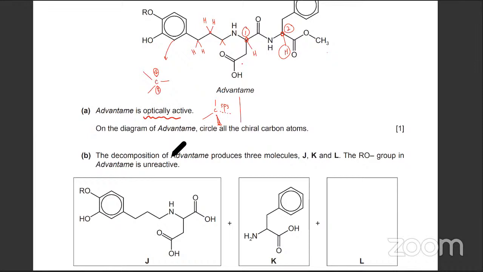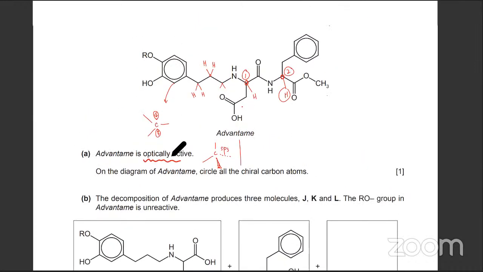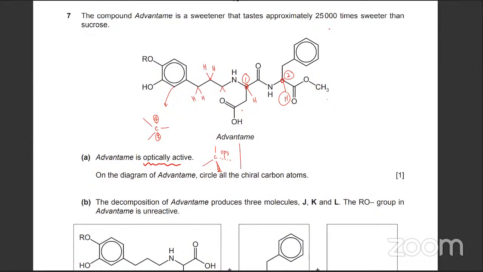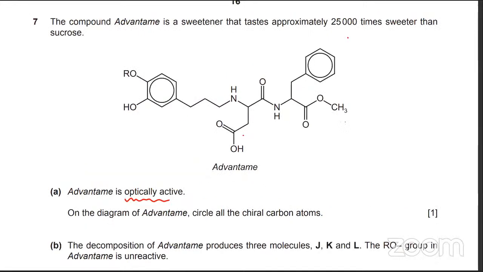If you look at this molecule, what you'll notice, let me rub all of this off, is that there is an amide link. If you carefully observe this, there's an amide link, which is this one, and there is an ester link as well. So both esters and amides decompose, they hydrolyze.